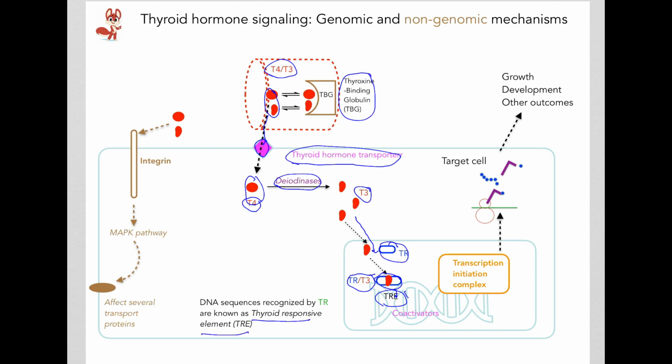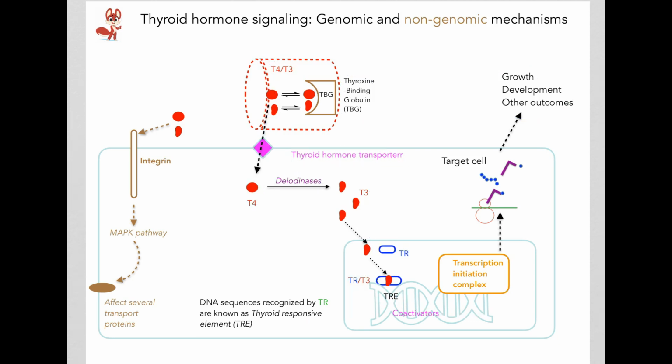And this binding, once again, just like cortisol, will lead to transcription of various genes that will then cause the actions of the thyroid hormones, such as growth, development, and several other outcomes that thyroid hormones perform. So this binding to DNA is called the genomic mechanism of thyroid signaling.